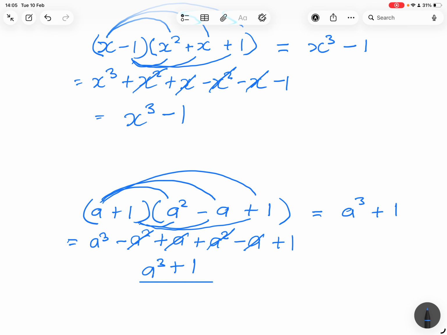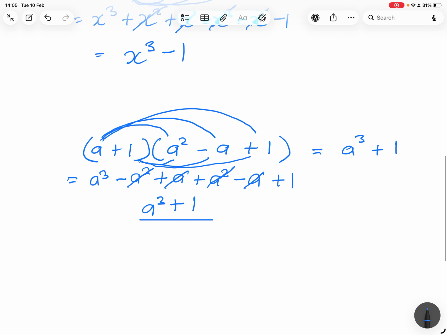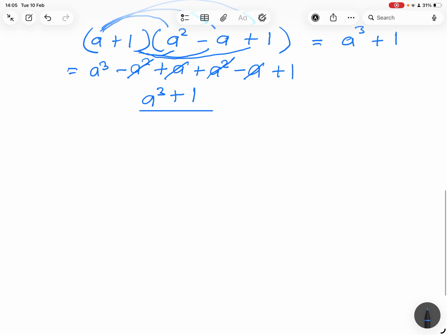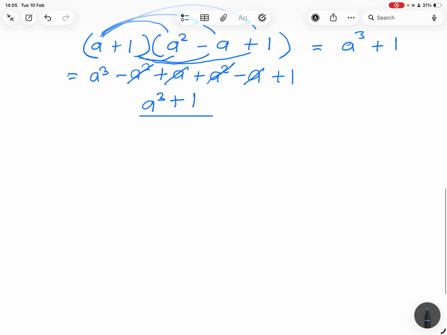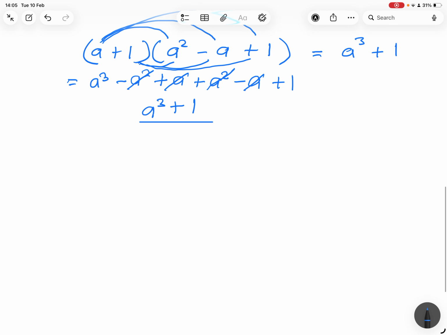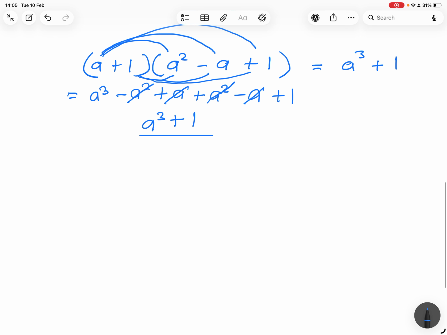So when you are given any product of a binomial and a trinomial, you are able to, by inspection, predict whether it will give you the sum of cubes or the difference of cubes.